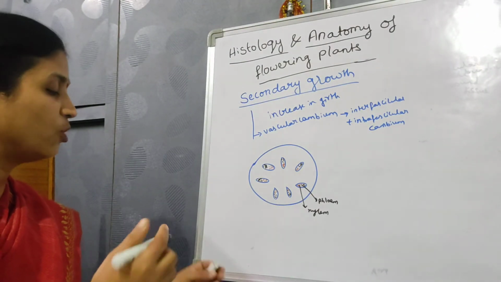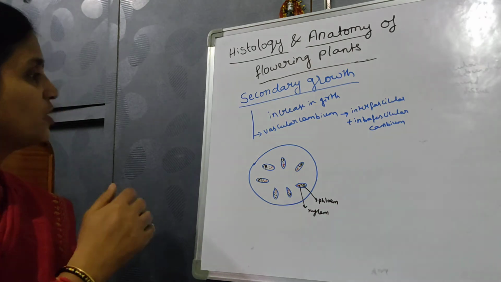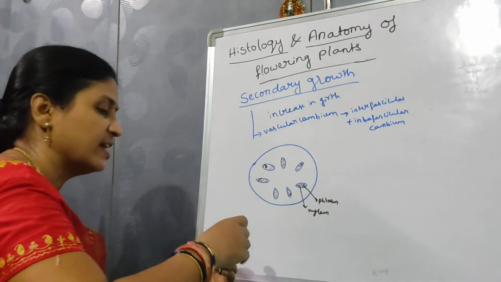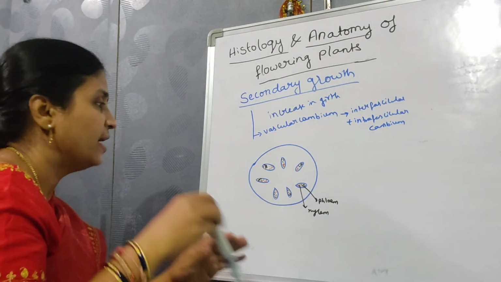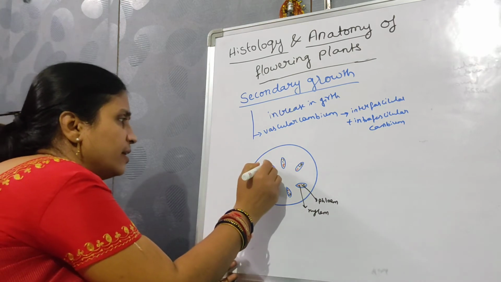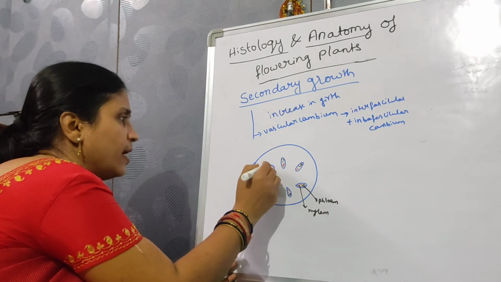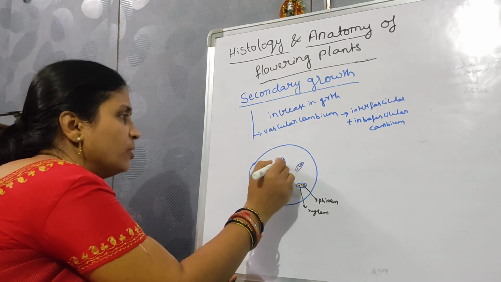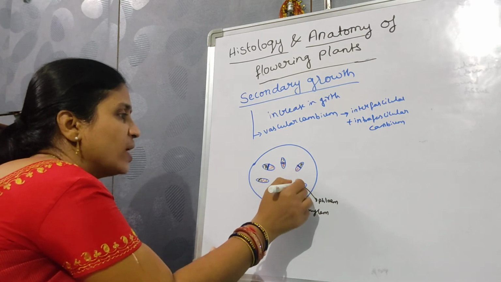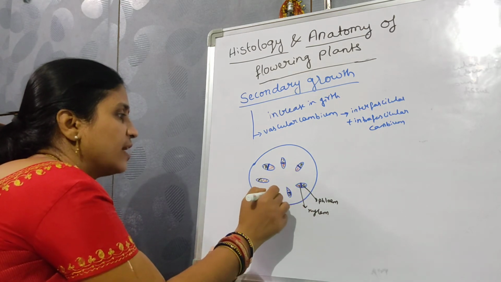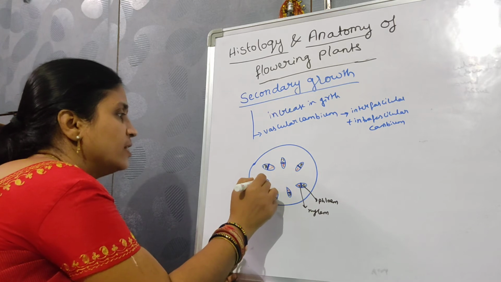So from where they are formed? See, the tissues are going to divide in between the phloem and the xylem, and the thick tissue is going to form in between these vascular tissues. It's a cambium. Okay, it's a secondary tissue.